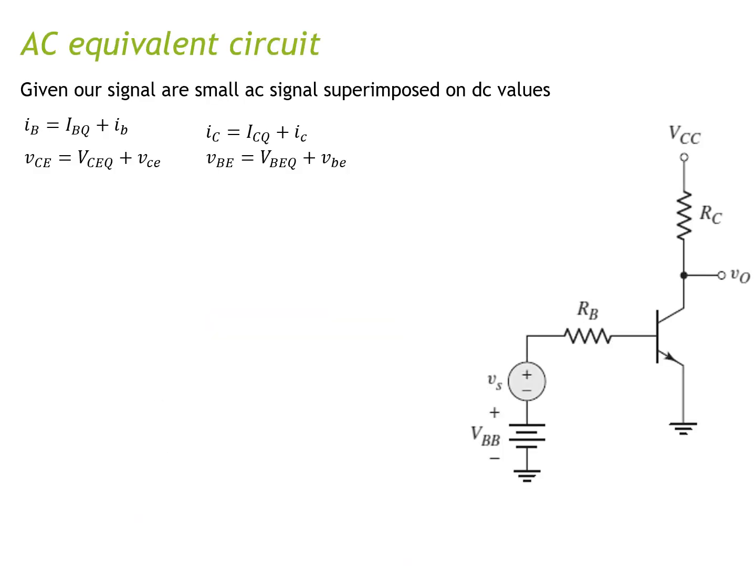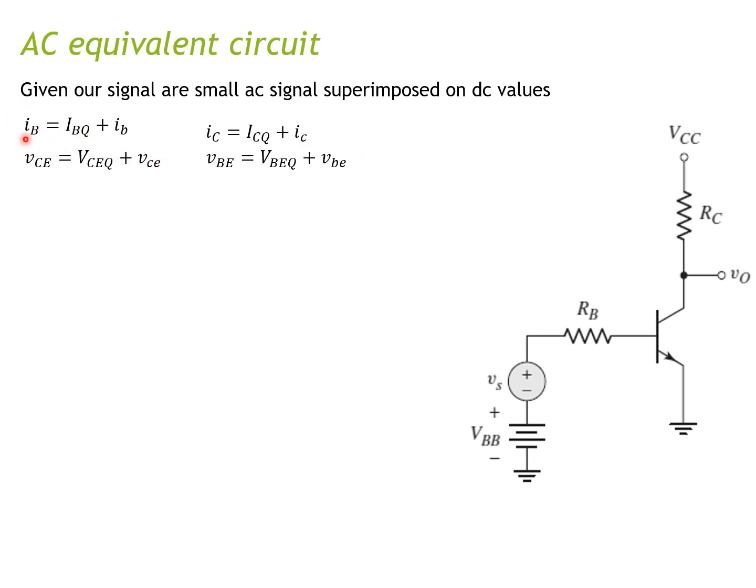So next we move to the AC equivalent circuit. We started with the standard circuit that we have in here. Given our signals are basically a small AC signal superimposed on the DC value, we can break it down into two.